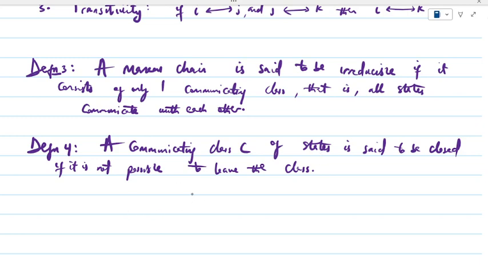Example, look at this transition diagram. Then you move to this side.